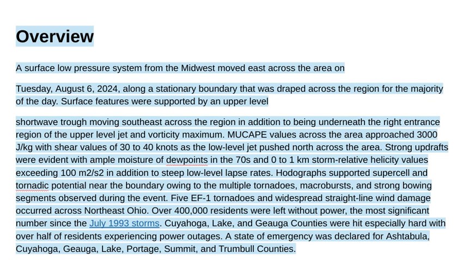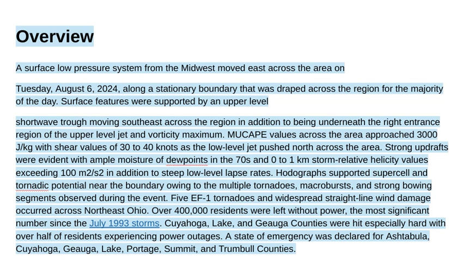And while this is happening, the surface feature was supported by an upper level shortwave trough moving south across the region, in addition to being underneath the right entrance region of the upper level jet.